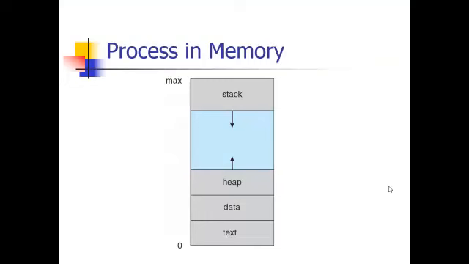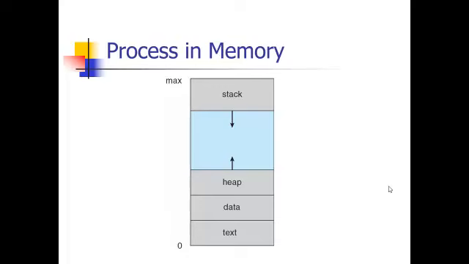So this is how a process looks when we consider the main characteristics in a process. There's a stack, heap, data section, and a text section. In the stack of a process we have the temporary data.